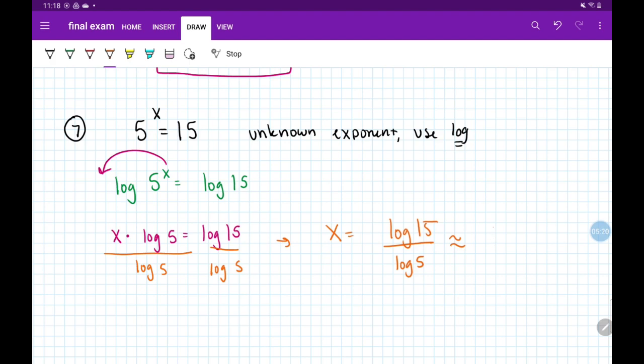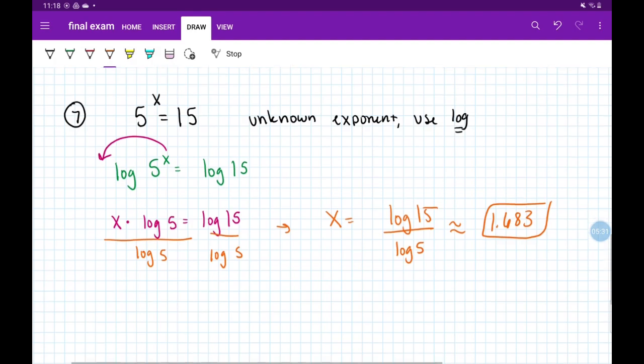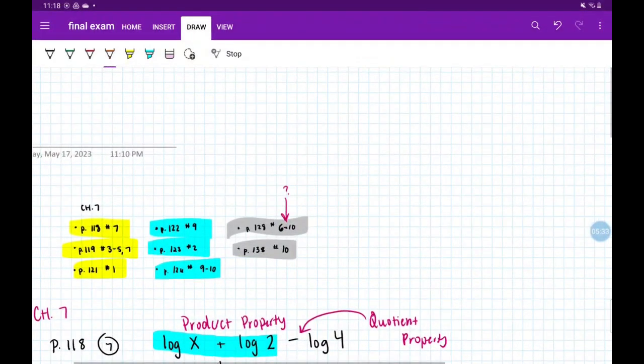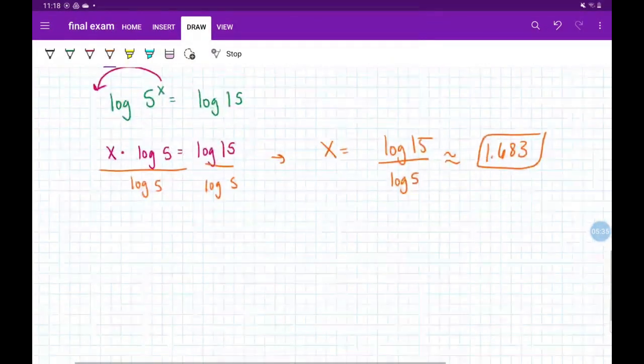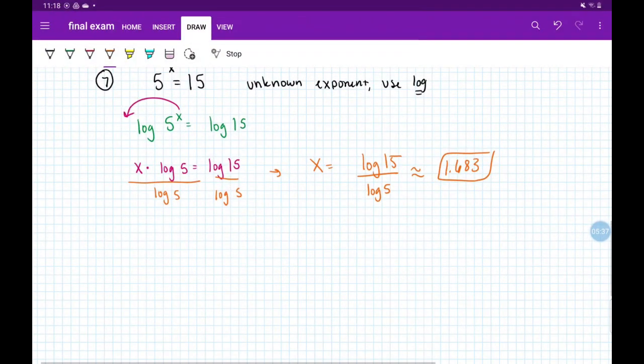And x is approximately 1.683, which makes sense. 5 squared is 25, so it can't be as high as 2 when you plug it into the original. All right, moving on, page 121, number 1. Oh, I was working on this in class today.